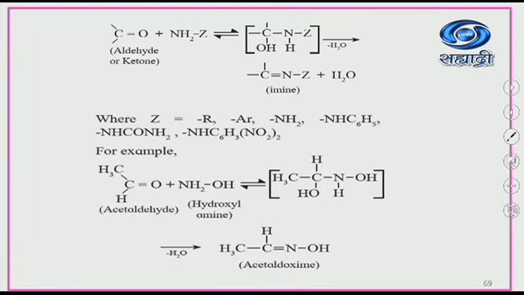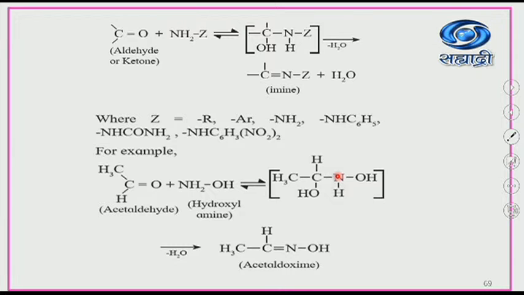For example, we'll take acetaldehyde, CH3 C double bond O H, plus NH2OH, hydroxylamine. A reversible reaction takes place and you will get CH3 bond C bond H bond N bond OH. So nitrogen is attached to the hydrogen and this carbon is attached to the OH. In your textbook there is a printing mistake for this structure: the carbon should be attached to one hydrogen, but the hydrogen is not given.